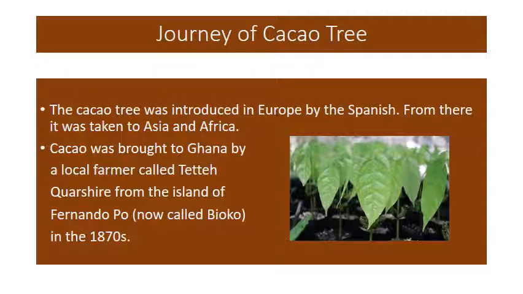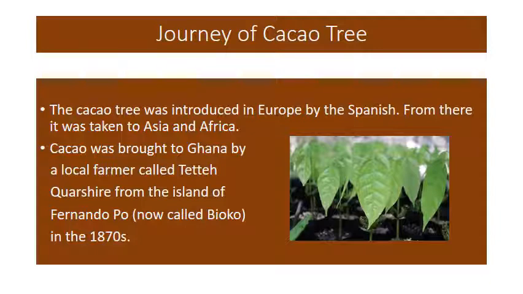Ghana is a West African country. It was brought to Ghana by a local farmer of Ghana. The cultivation of cacao in Ghana was very successful, and around 1891 the country began to export the crop.